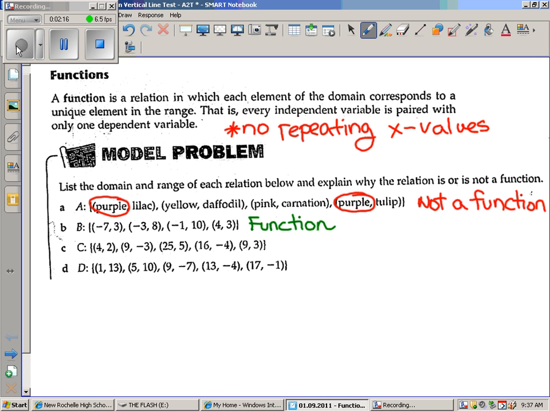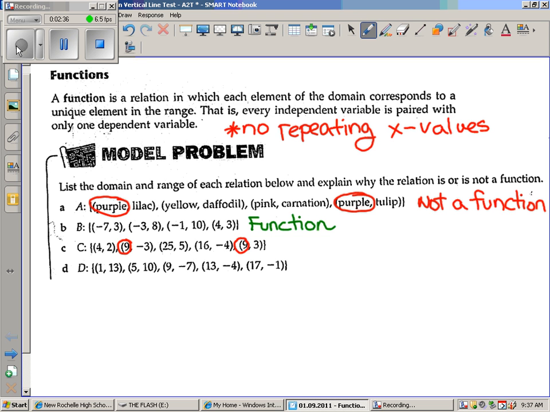How about C? Tell me why. There are two nines. Look at that. That's so shady. Not a function. I should do it in green is good, red is bad.